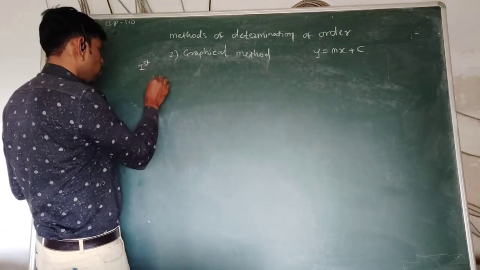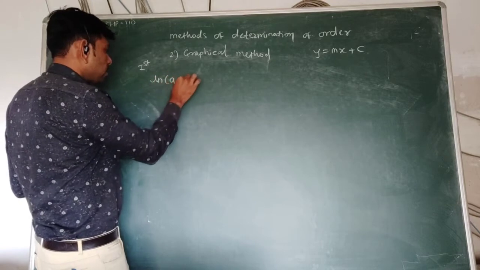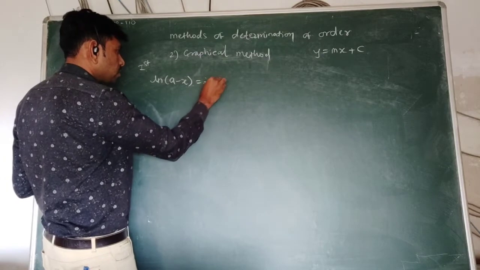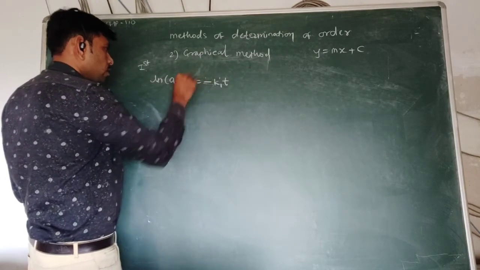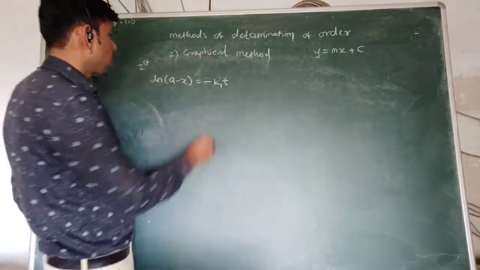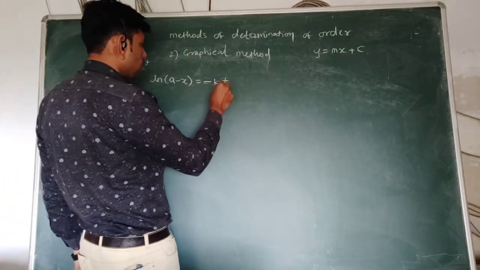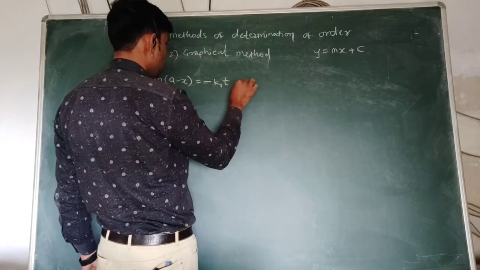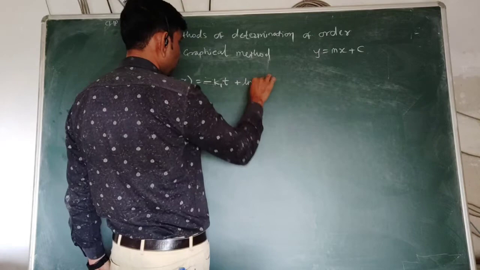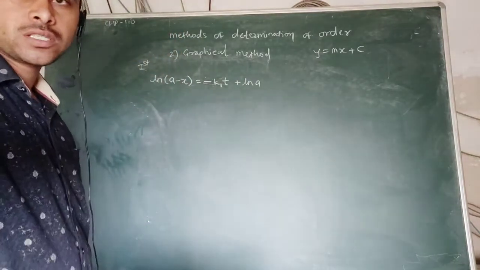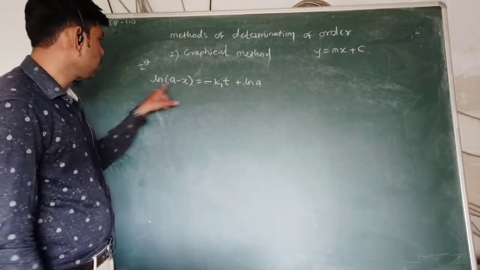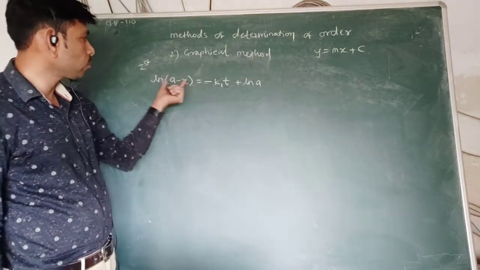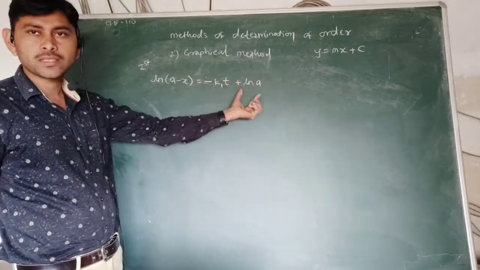For first order, the rate equation arranged in this manner is ln(a minus x) equal to minus k1 t plus ln a. So this is the first order equation arranged in the form y is equal to mx plus c.